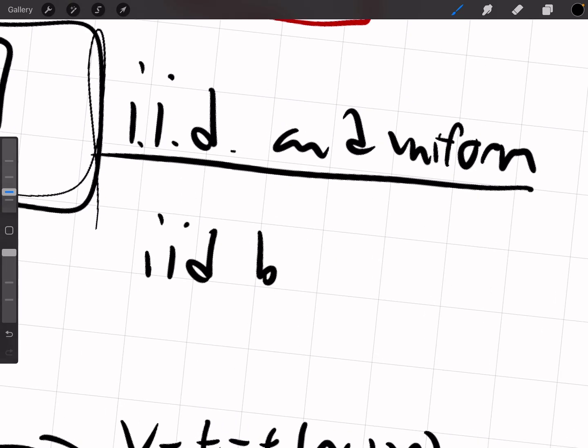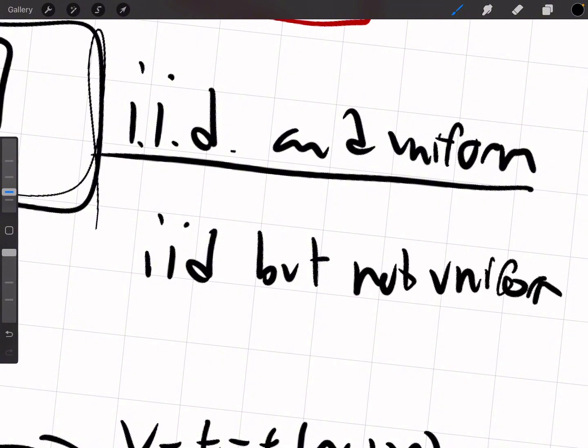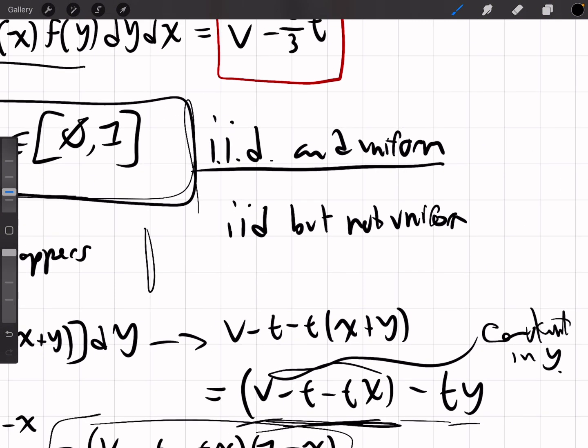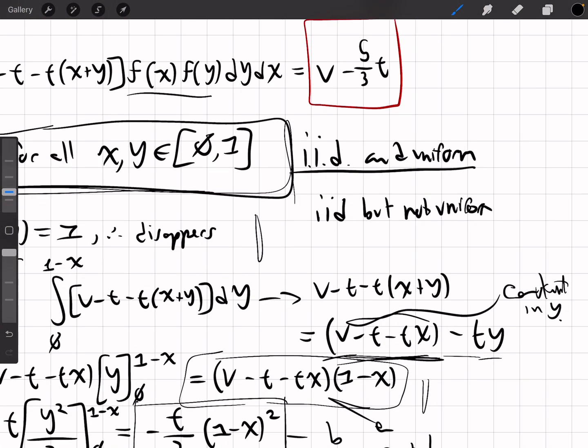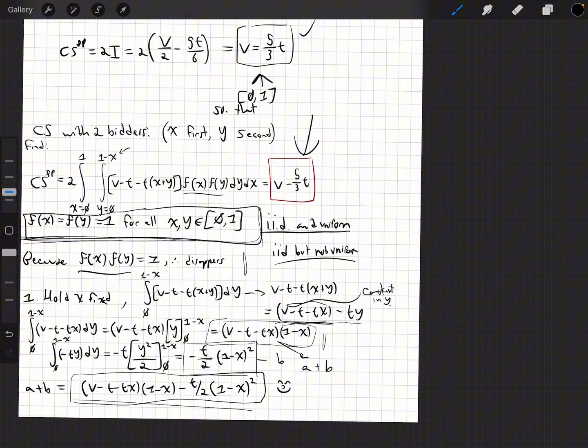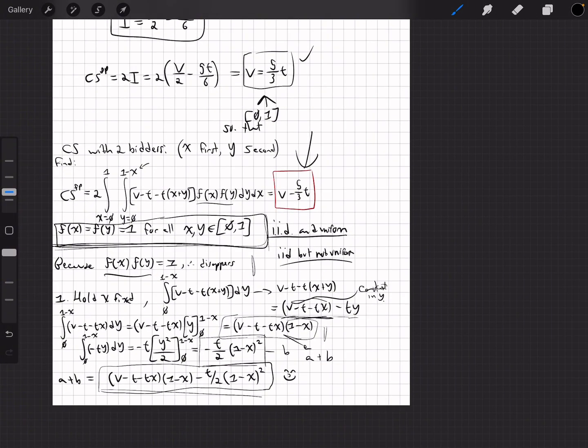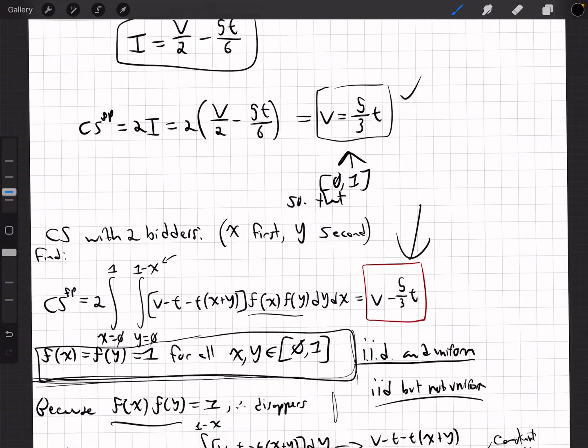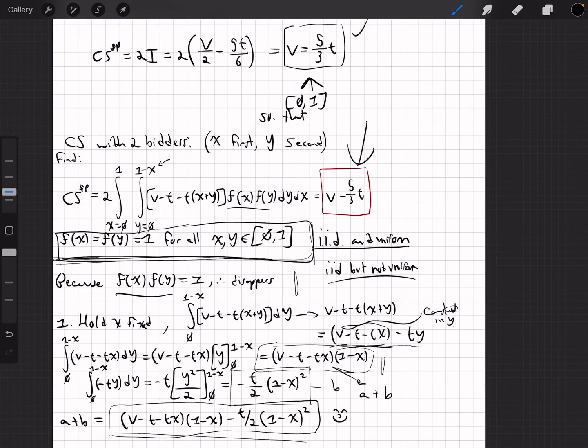IID but not uniform. So essentially the one-dimensional density f of u, CDF capital F of u, and truncated first moment m of u equals some sort of integral. We can kind of go over it. I was doing my nerd voice because I don't really understand, if I'm being honest with you. I've asked my handy-dandy AI what that would actually mean.